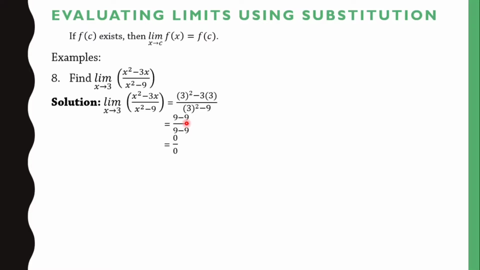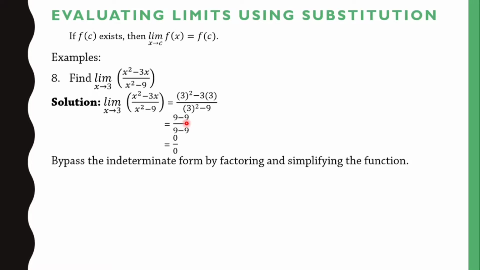Now, to bypass the indeterminate form, we have to use factoring and we have to simplify the function. So, the limit of x squared minus 3x over x squared minus 9 as x approaches 3 could be expressed as limit of x times x minus 3 over x minus 3 times x plus 3.